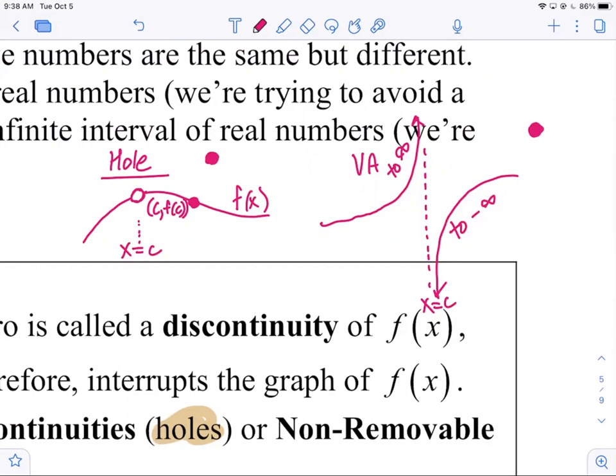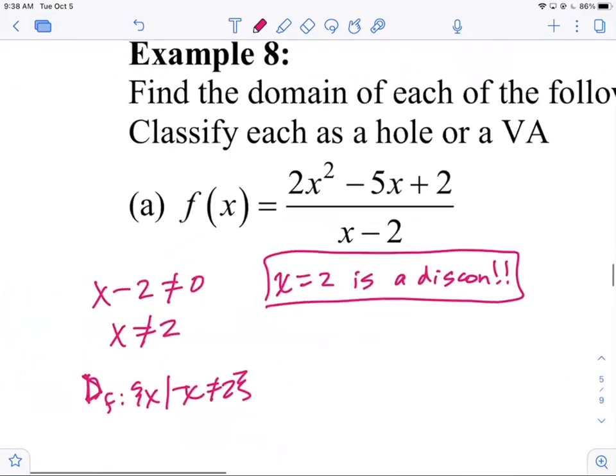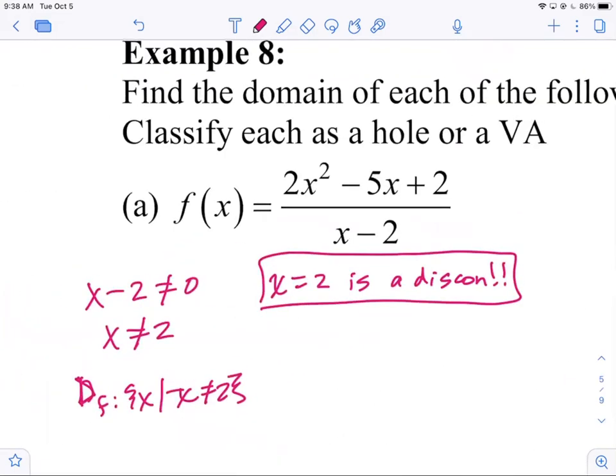Now, to figure it out, I'm not sure that you can just look at it like this unless you have this weird gift, and weird meaning like cool, okay? I don't want to cast you out, but it's hard to tell when it's in this form. The easier form to determine is when it's in factored form.